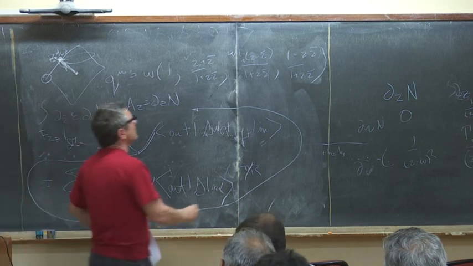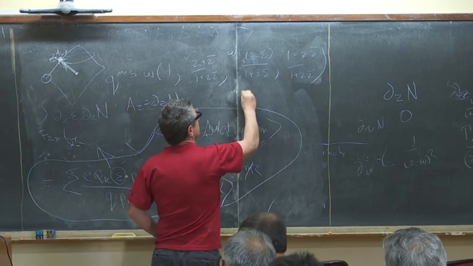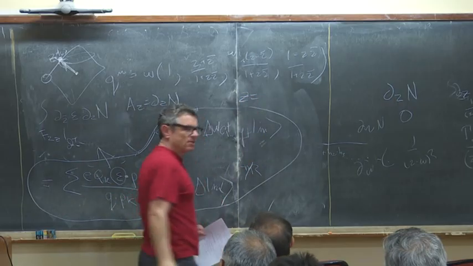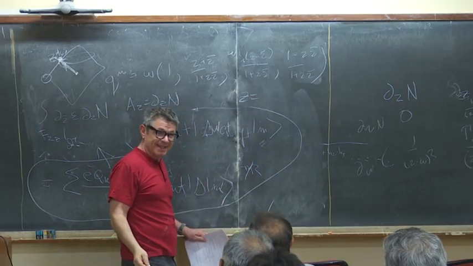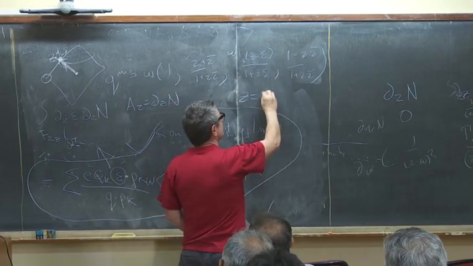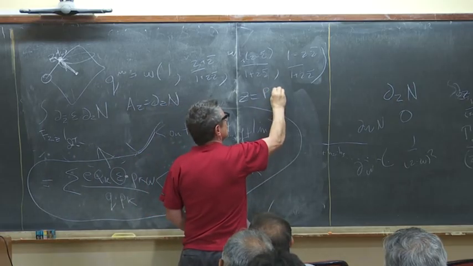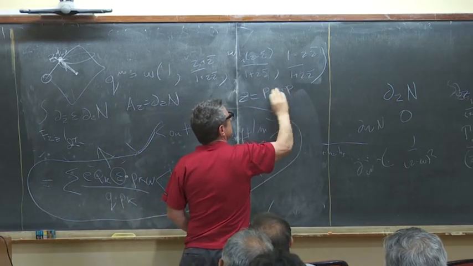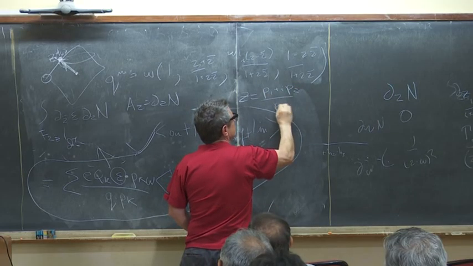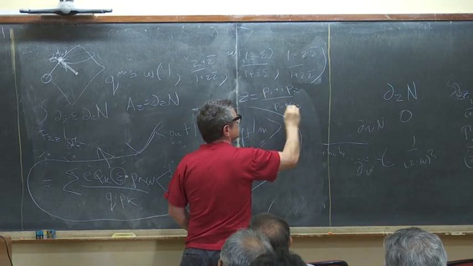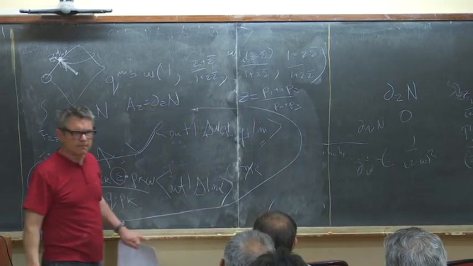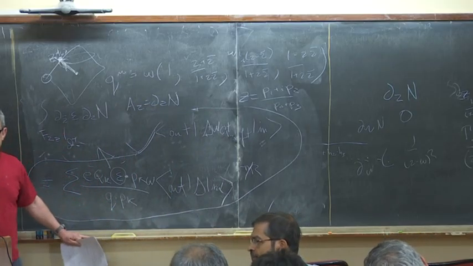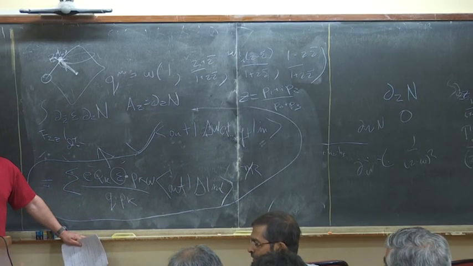Another way of saying it, a simpler formula, is that the point Z where a particle with momentum P lands at infinity in this coordinate system is P1 plus iP2 over P0 plus P3. It's totally non-local in momentum, but it's localized. That is what it is.